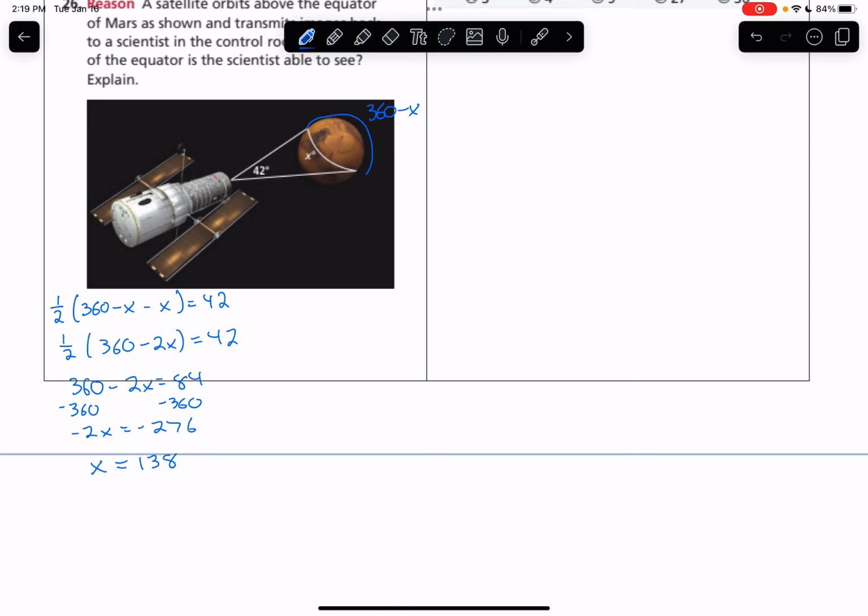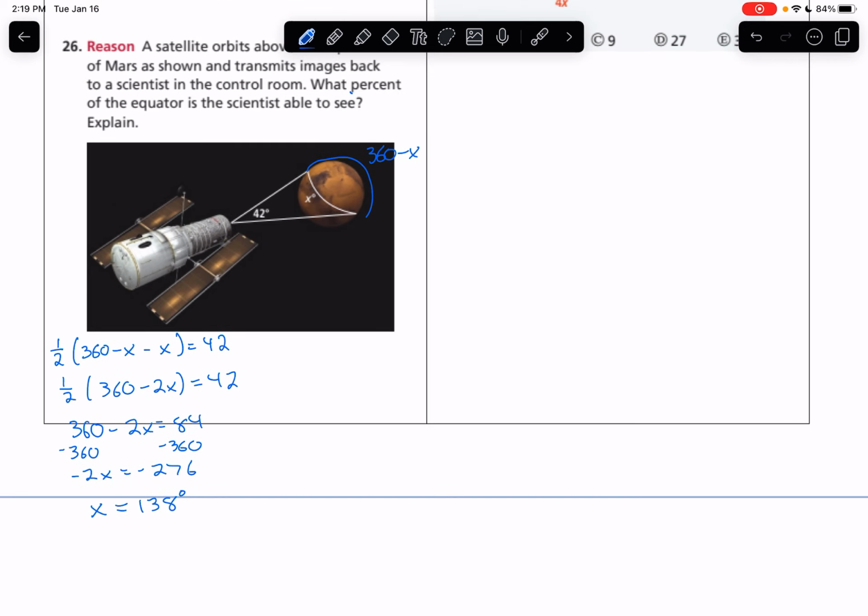So he's able to see 138 degrees of the equator, but the question is asking us what percent of the equator that is. Well, the equator all around would be 360 degrees. So we're just going to do 138 degrees divided by 360 degrees to get our percentage, which is going to give us 38%. So he can see 38% of the equator from where he's at.